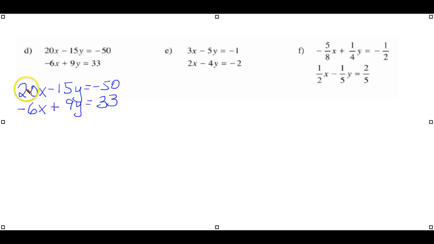Well, we have to think of multiplying this equation by something and this equation by something to get, let's say, the x's to cancel out. So if I multiplied this by 3, I would get a 60x here. What would I have to multiply this one by? 10.